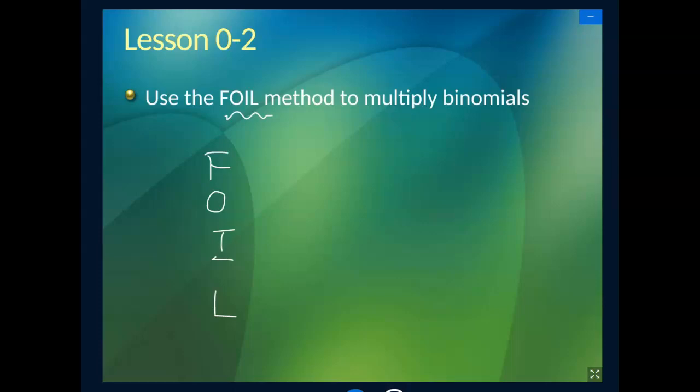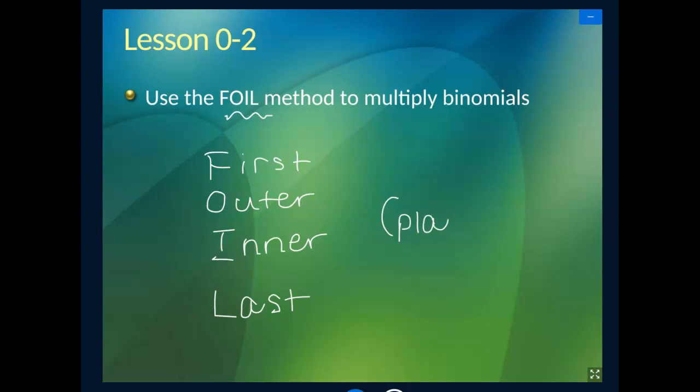Nick, what do you think? Perfect. So it's first, outer, inner, and last. So you're going to FOIL the plan.